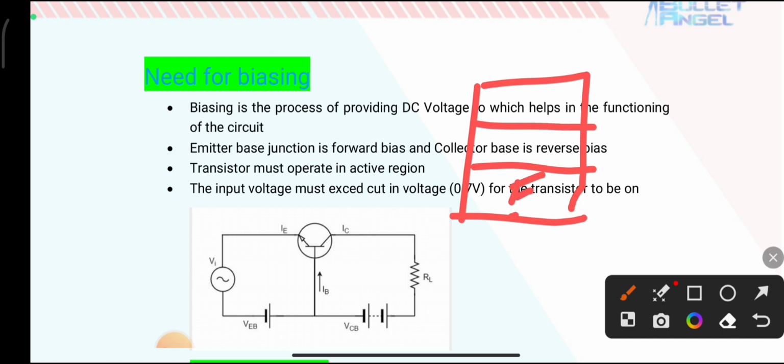Here E means emitter, the middle one is base, and C means collector. So this junction is forward biased.